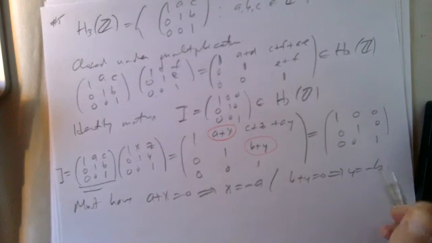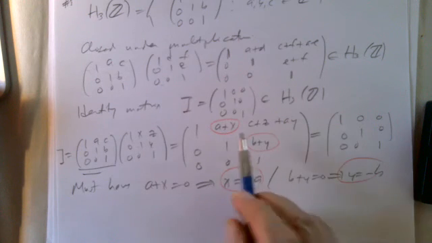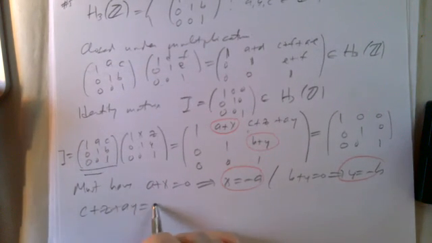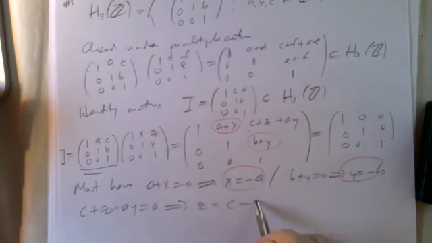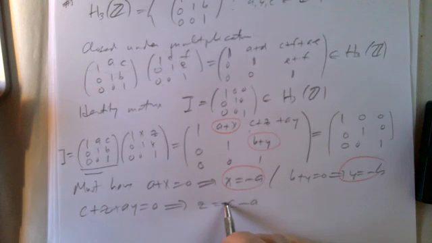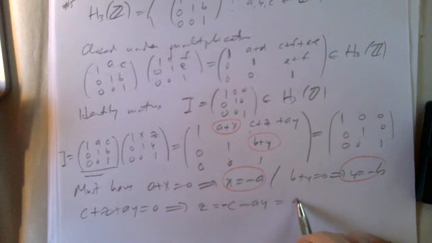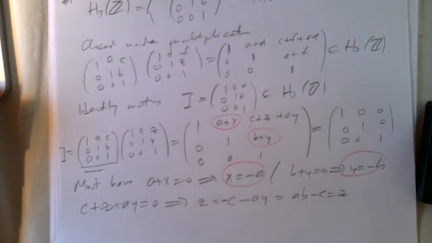So Y has to be minus B. And finally, you have to have C plus Z plus AY equals 0, which means Z is minus C minus AY. But Y is minus B, and minus A times minus B is AB, so Z is AB minus C. So this is what Z has to be.